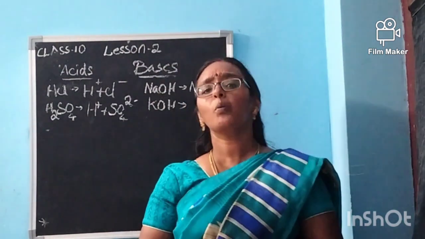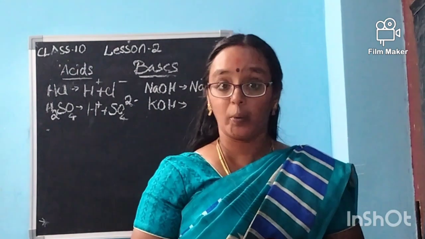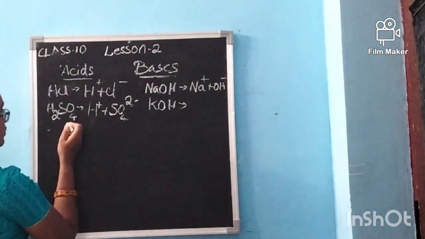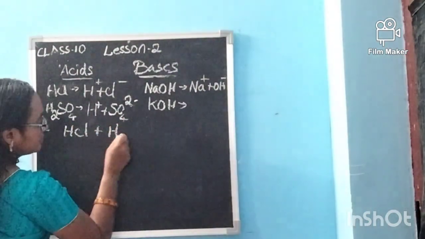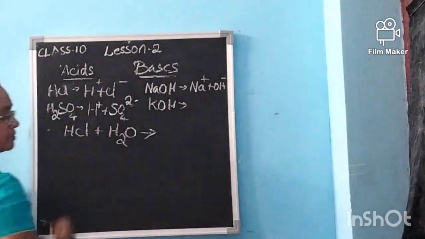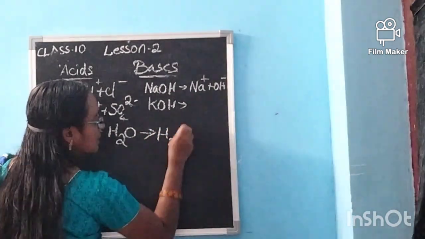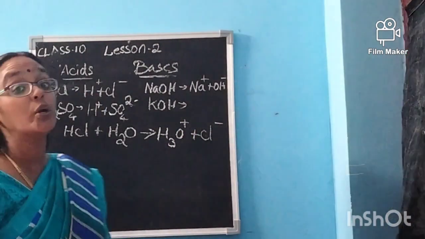Okay dears, now we are moving to see the reaction of acid and base with water. Okay, the common acid which we have taken is HCl. HCl plus H2O gives H3O+ and Cl−. What is this called? Hydronium ion.